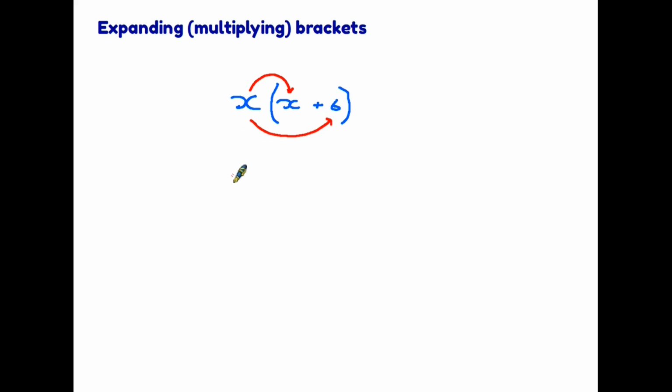So first of all, x times x, well, x times x is written as x squared. Everything in this example is positive again, there are no minuses, so we now have x times 6, therefore it will be plus 6x. x squared plus 6x. Slightly different because of the indices, but the method we've used remains exactly the same.